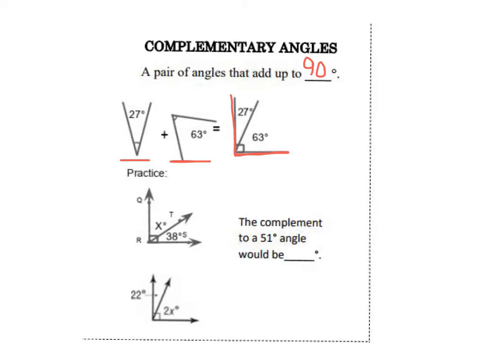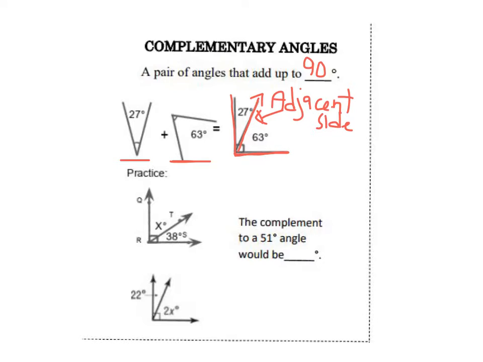You could see them separately, or you could see them sharing a side. And remember, that side is an adjacent side. And guys, that's part of your vocabulary, so make sure that you understand what an adjacent side is.